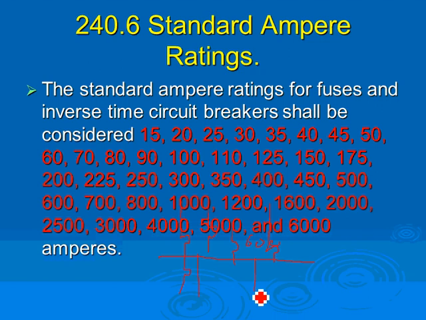Reminder, these are fixed, non-adjustable circuit breakers. You can have adjustable circuit breakers. For the adjustable circuit breakers, the ones that I showed you, the limit is the sky, right? If you have an adjustable circuit breaker, you can have an 800 amp circuit breaker and adjust it in increments of 0.1, 0.2, 0.3, 0.4, 0.5.